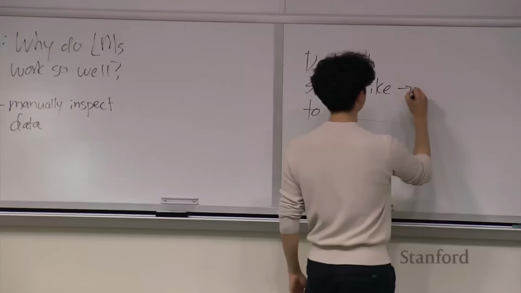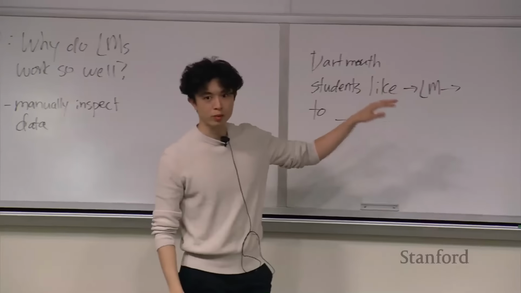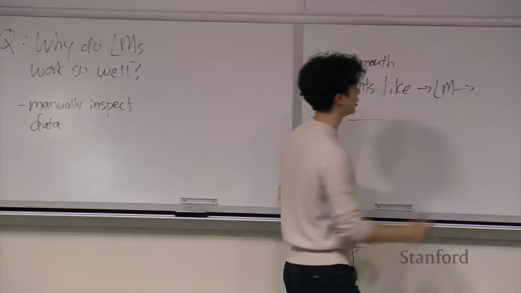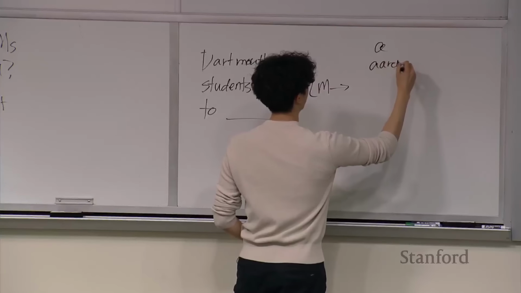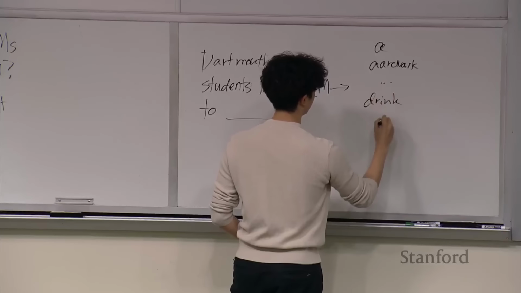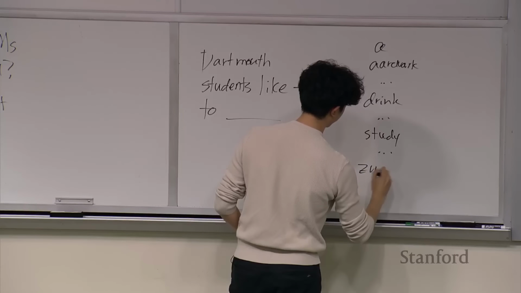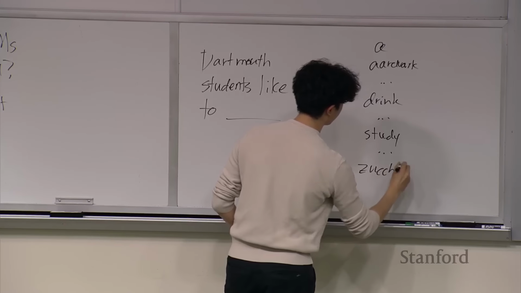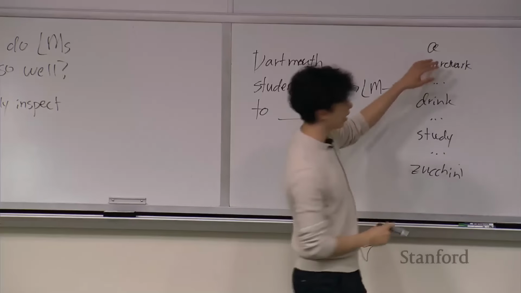What the language model does is it outputs a probability for every single word in the vocabulary. The vocabulary would be a, aardvark, drink, study, and then all the way to zucchini. And the language model is going to put a probability over every single word here.